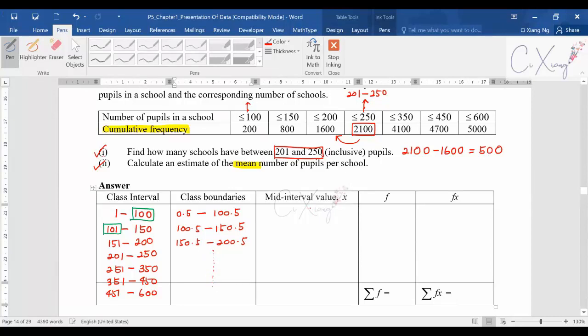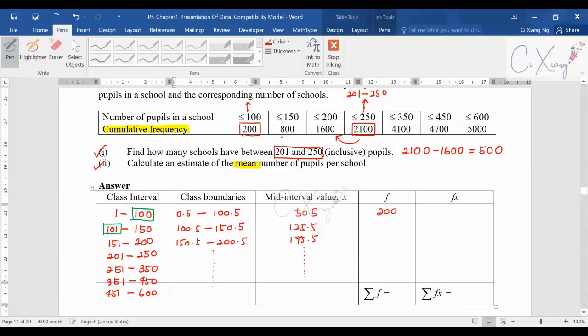Okay, so for the mid interval value, again, the midpoint. So the midpoint will be 50.5. Okay, then 125.5, 175.5, and so on. Then for the frequency, you have to be very careful. For the first class, you just follow the first class frequency, which is 200.